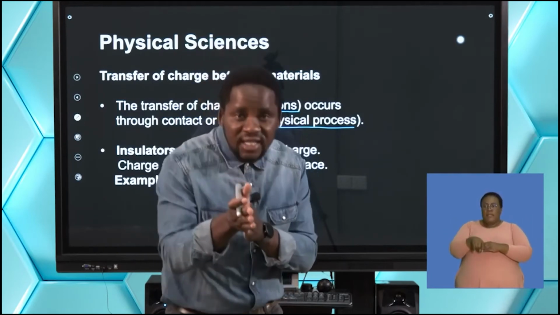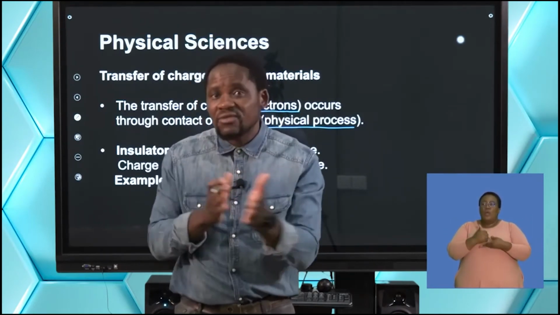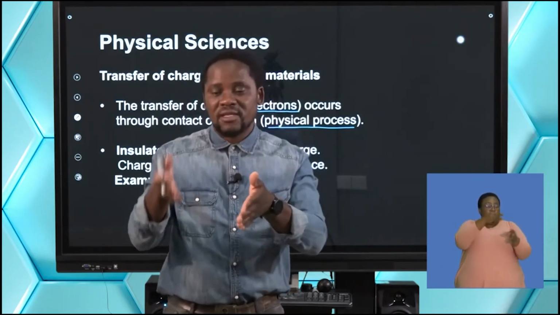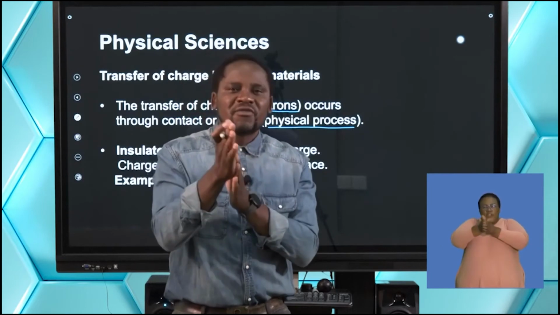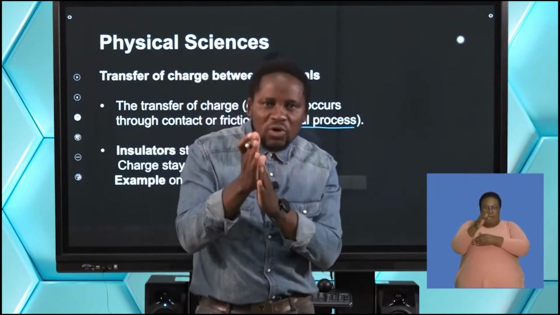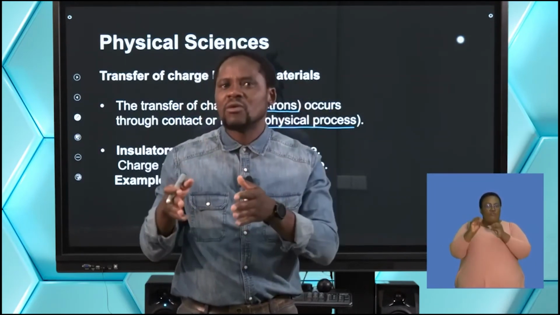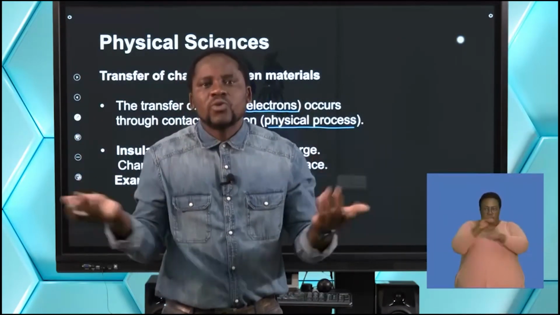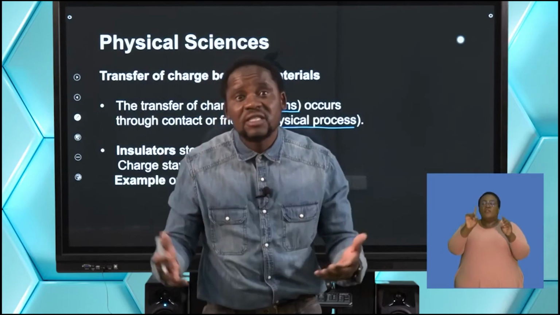And to enable the transfer of electrons between material A and material B, there must be some form of friction, to knock off electrons from A to B or B to A, whichever the case may be. That's what we mean when we talk about a physical process.